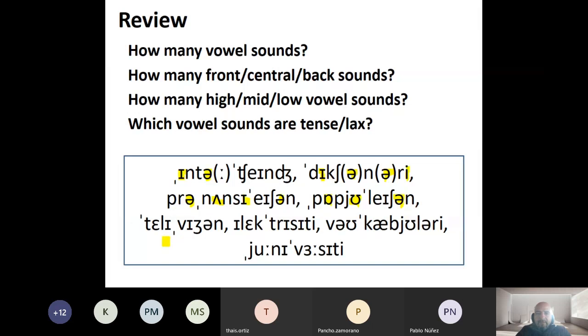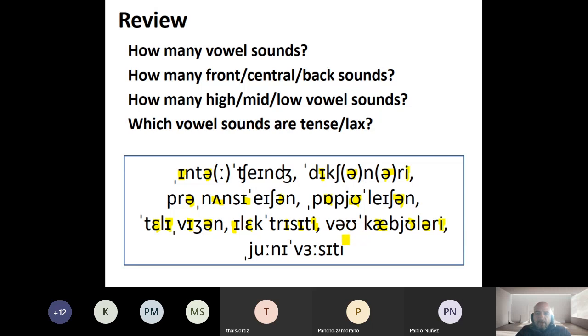And the word television, we have one monophthong, another one, a third one, and a fourth one. So in the word television, the way it is transcribed here, we have four monophthongs. Electricity contains 1, 2, 3, 4, 5 monophthongs. Okay, the word vocabulary contains 1, 2, 3, and 4 monophthongs.